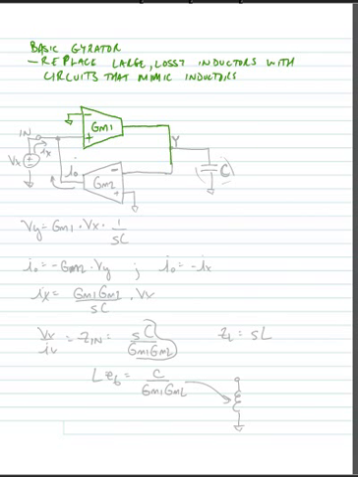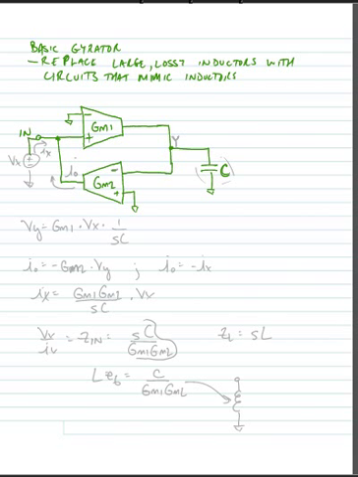We have a feedback transconductor that has a value of GM2, and we feed the output signal of that feedback transconductor back to the input of the first transconductor. At the node between the two transconductors, we place a capacitor that has a value of C.